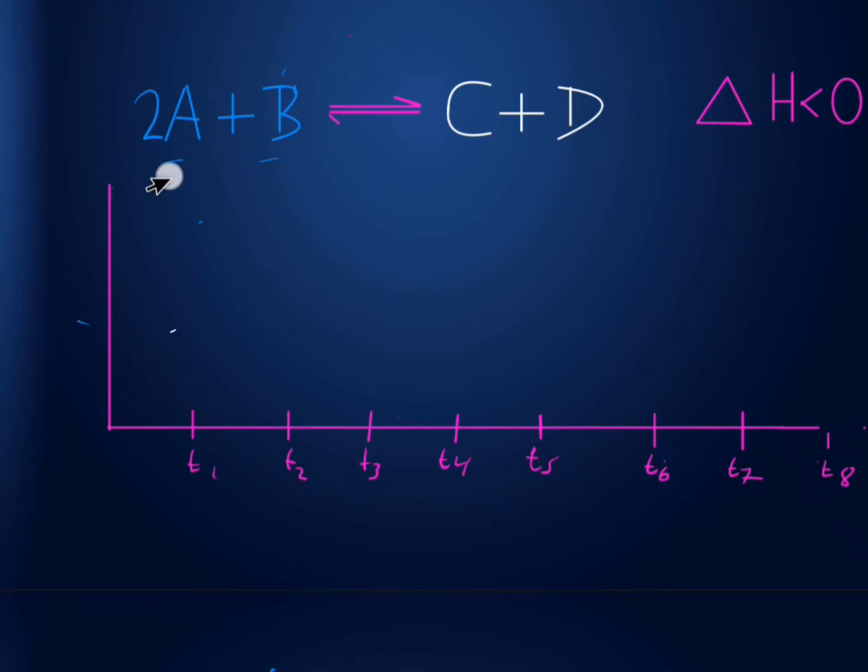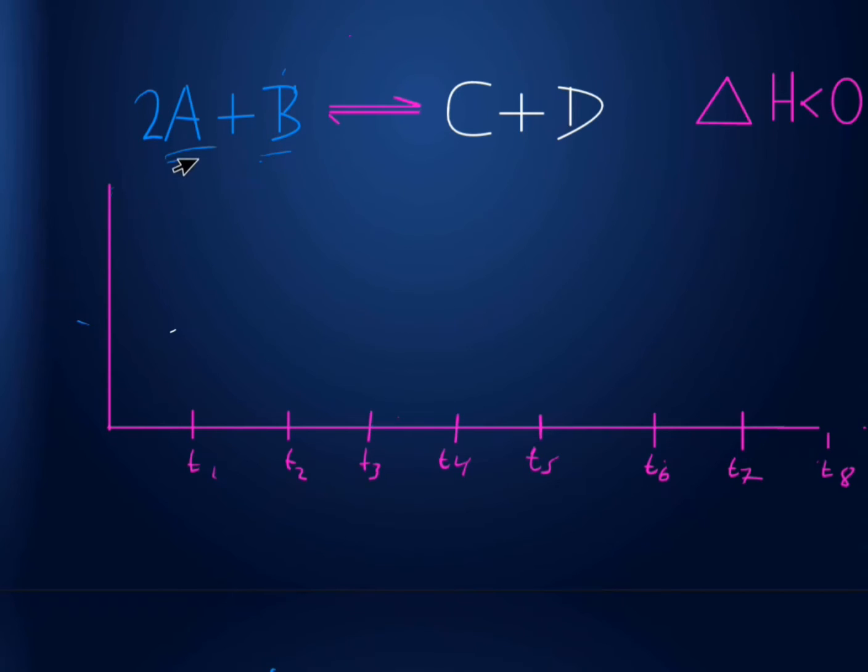So let's talk about how rates work. There's one line for the forward reaction and one line for the reverse reaction, right? Let's first of all talk about the forward reaction. Remember, at the forward reaction, the concentrations of the reactants are initially high, so they'll start being used up to form the products.